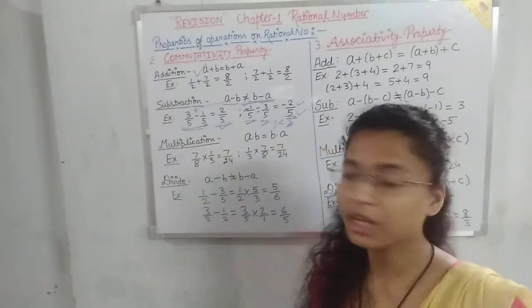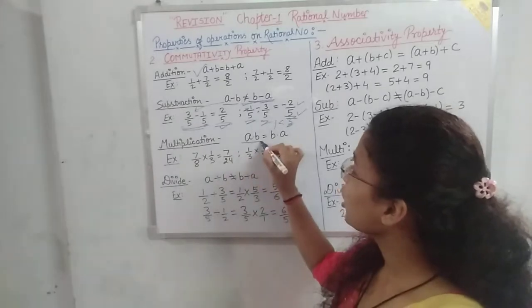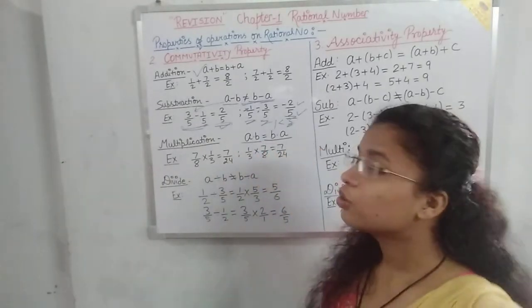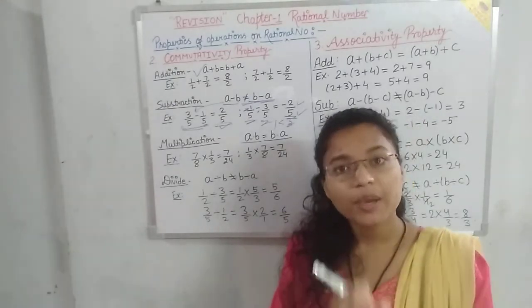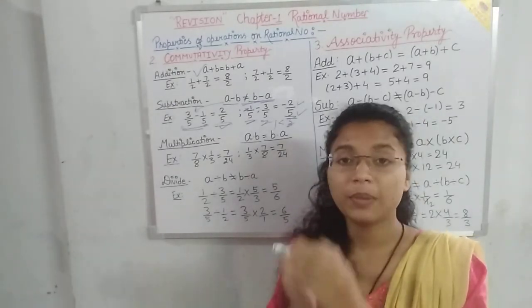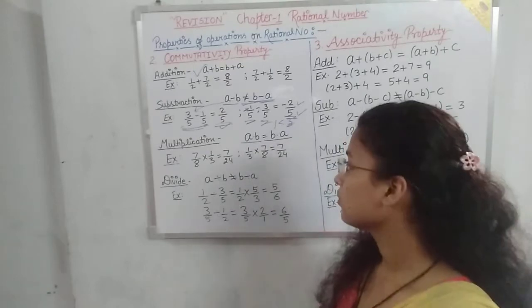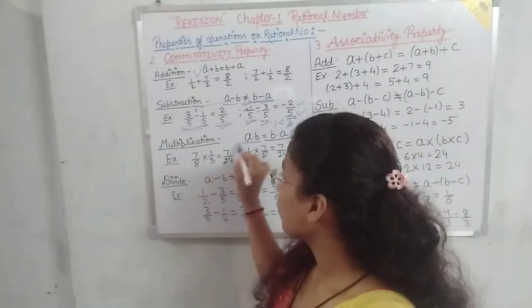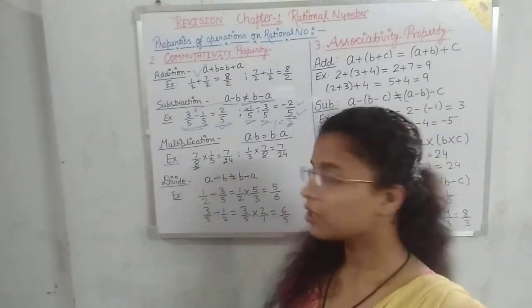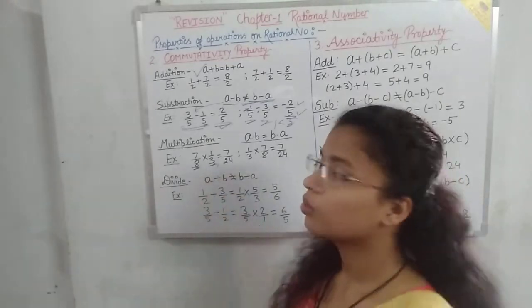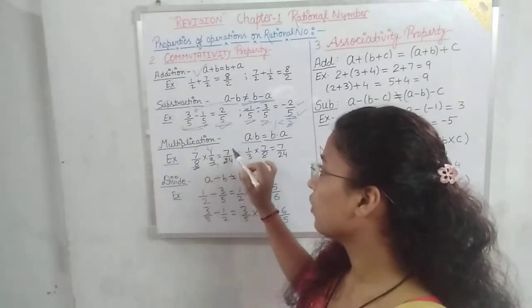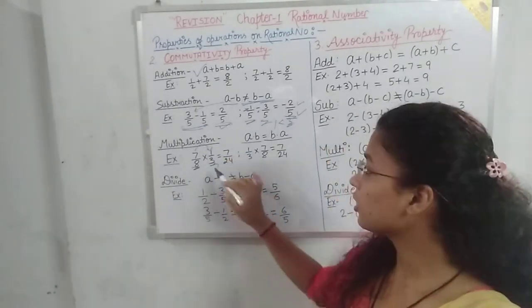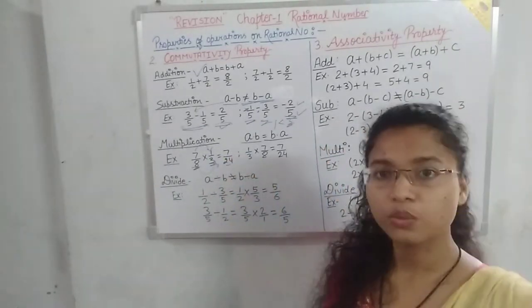Next is multiplication. A into b will be equal to b into a. That means when you multiply a into b, the same result you will get when you multiply b into a. Let's take an example. Suppose a is equal to 7 by 8 and b is equal to 1 upon 3. When you multiply, just multiply the numerators, you will get 7, and multiply the denominators, you will get 24.